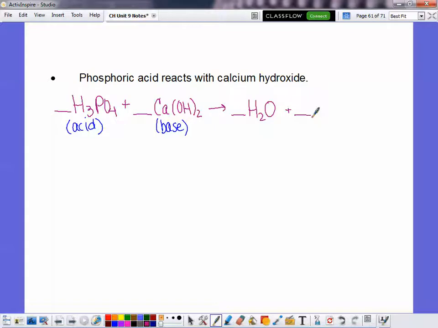Ca3(PO4)2. So this is my water, and this is my salt. I definitely suggest you go back and review the ionic charges and how to write ionic compounds prior to this test. Okay? Maybe make note of those polyatomic ions.